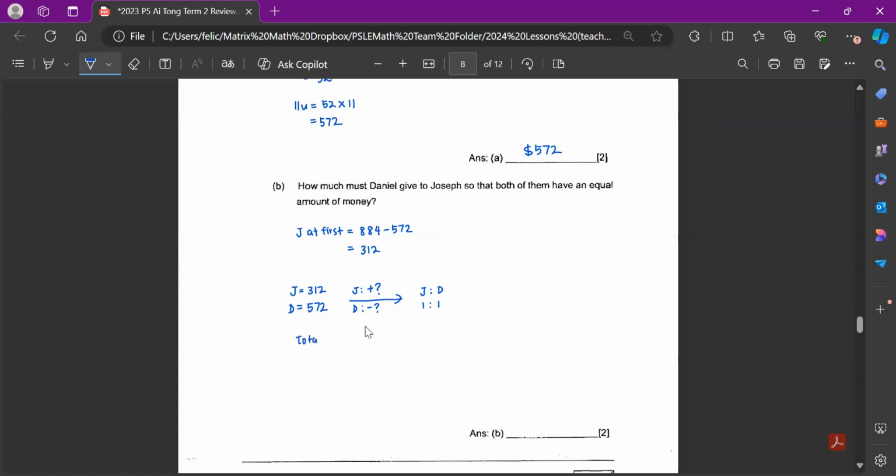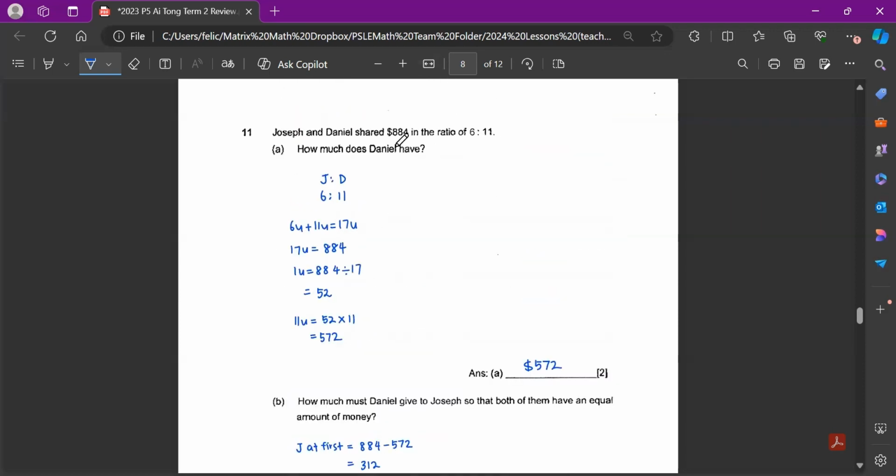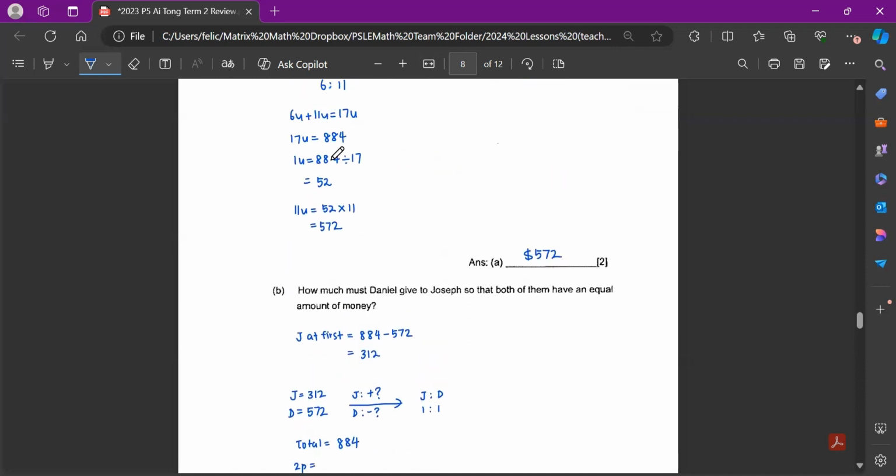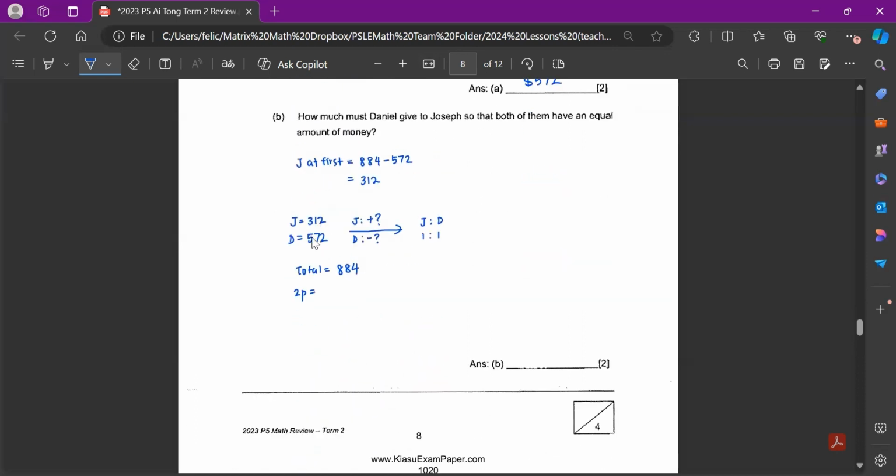So I'm going to work out the total that both boys have. Actually, we already have the total, which is the $884. So we can just use that. In other words, these two units is the same as this 884. Now, those two, I'll call it two parts because previously we already used the word units. So let's call it part here. Two parts is 884. So you can work out one part.